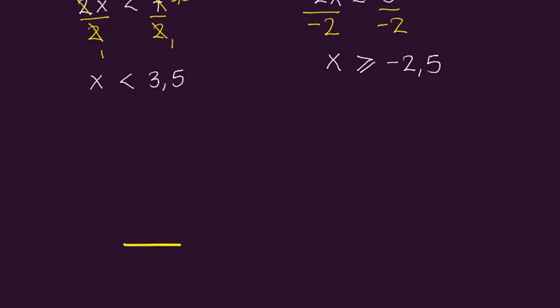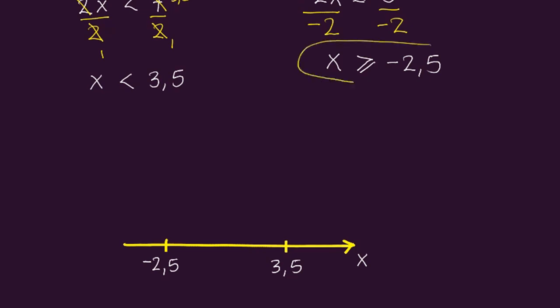So drawing the graph here, on the x-axis, I put the values -2.5 and 3.5 on it, with -2.5 being the smaller number and 3.5 the bigger number. So what I'm going to do next is represent this inequality first on the number line. x is greater than or equal to -2.5.